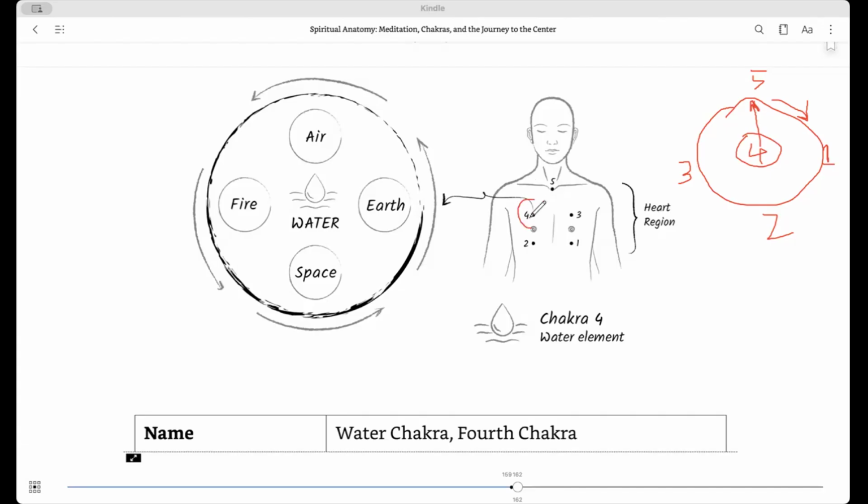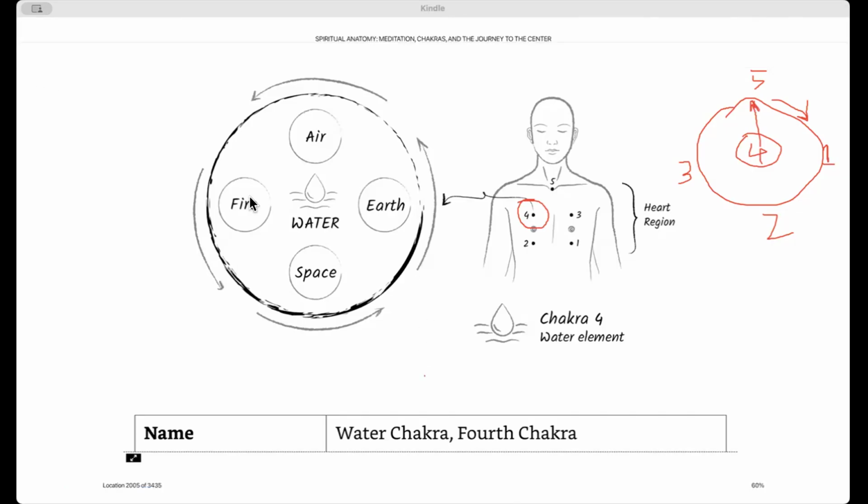And the location of the fourth point is this, on the top right side of the chest. So that's about the fourth point location and the elements within the fourth point.